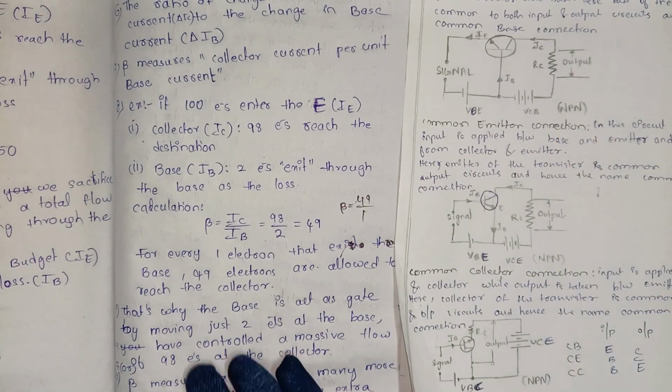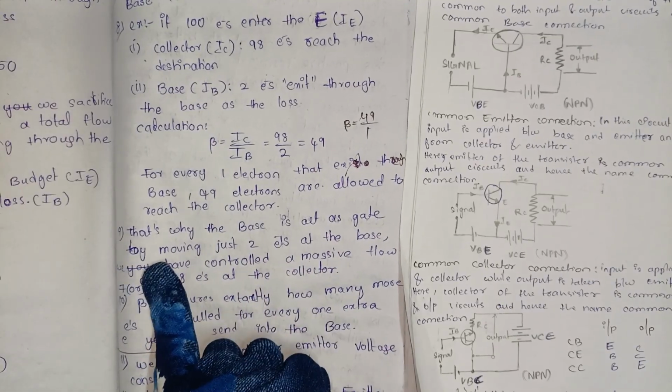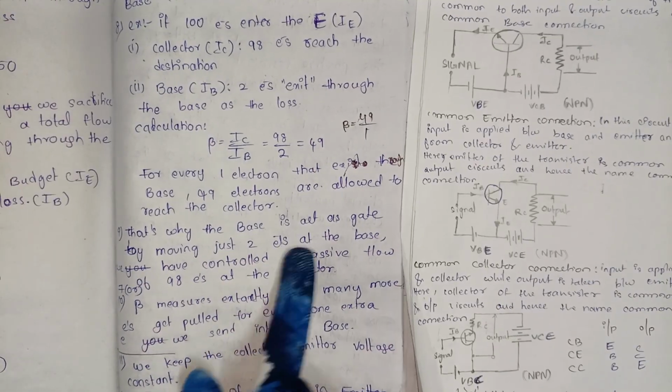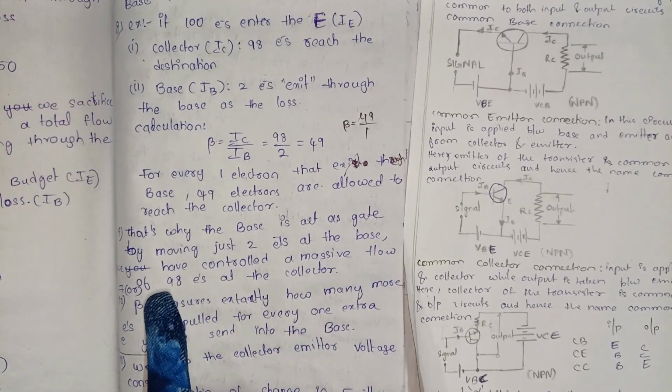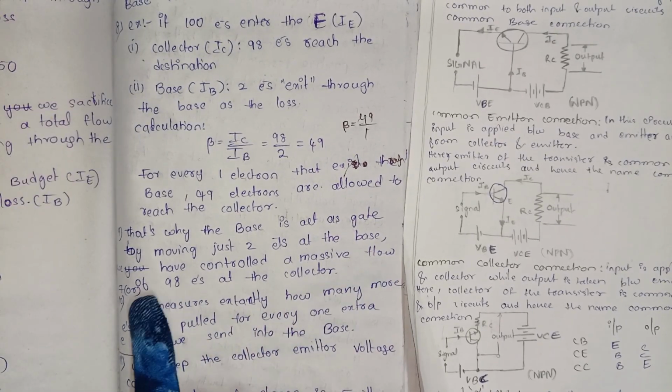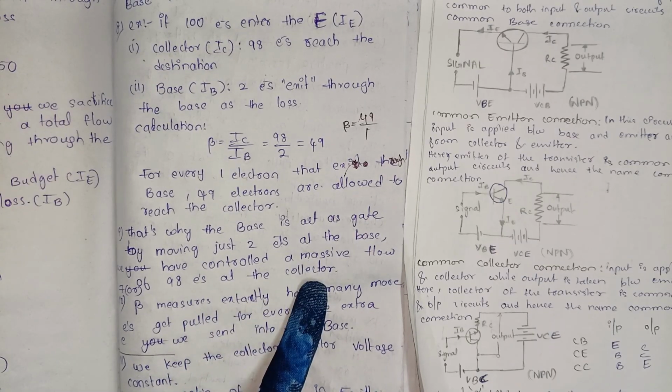That's why the base acts as a gate. By moving just 2 electrons at the base, we have controlled a messy flow of 98 electrons at the collector.